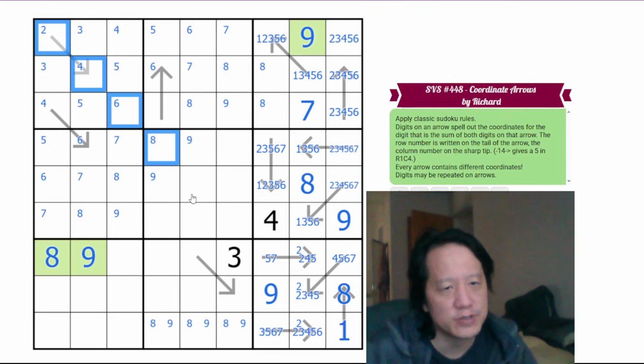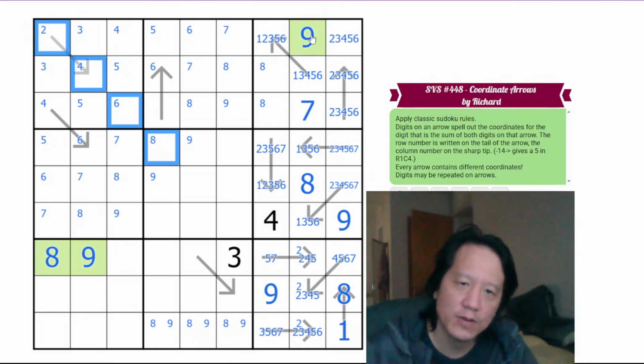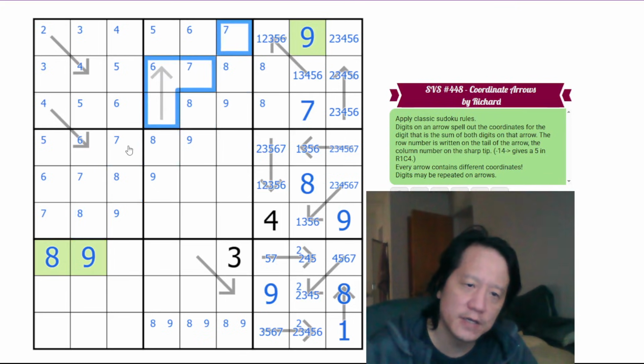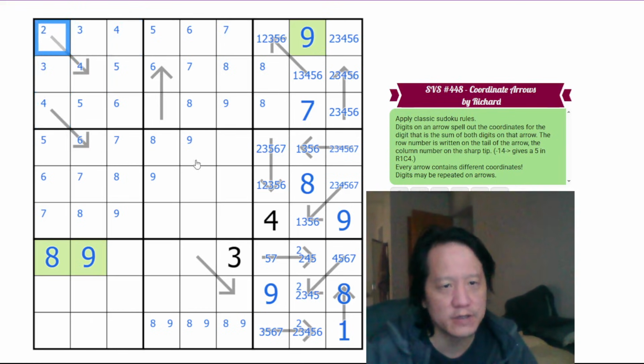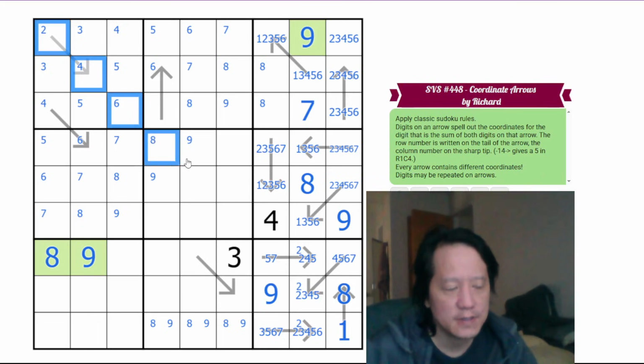Or 2 possibilities, I guess. So maybe it was 20 before. 1, 2, 3, 4, 5, 6, 7, 8, 9, 10, 11, 12, 13, 14, 15, 16, 17, 18, 19. It was 20. Okay. I miscalculated. So that means we only have 18. But that's still fine.